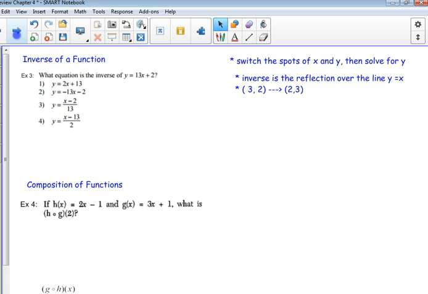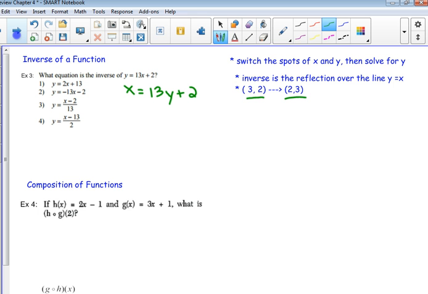If you have the inverse of an ordered pair, just like 3, 2, all we do is switch the spots of x and y. So they really just flip. And the steps for the inverse are basically the same thing. If you're trying to find the inverse of an equation, all we do is switch the spots of x and y. So where I see a y, I'm going to write an x. And where I saw the x, I'm going to put a y in.